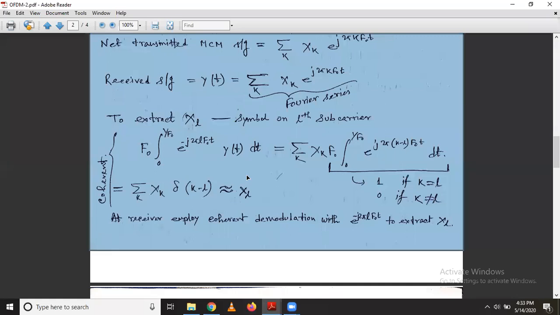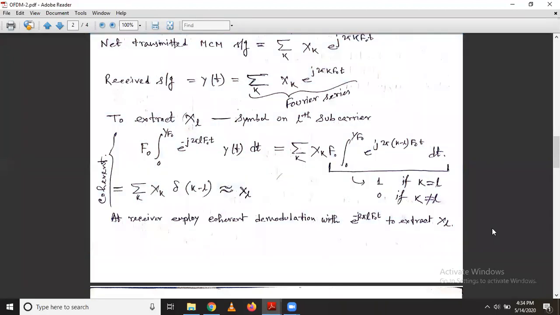The basic principle is that at the receiver side, we multiply the incoming signal with a locally generated frequency and then integrate. This is nothing but coherent detection. The orthogonality principle is introduced here, which is why the name is orthogonal frequency division multiplexing.